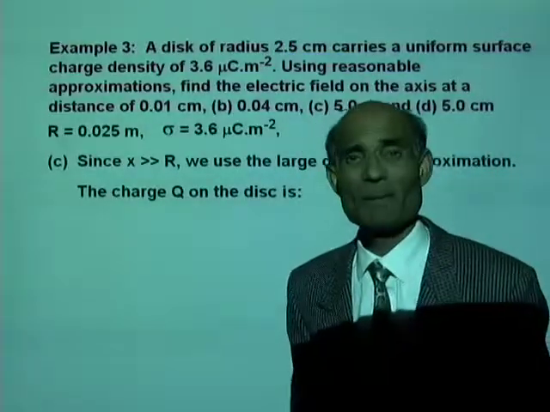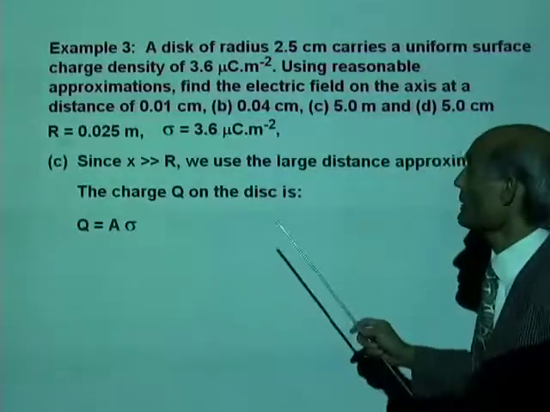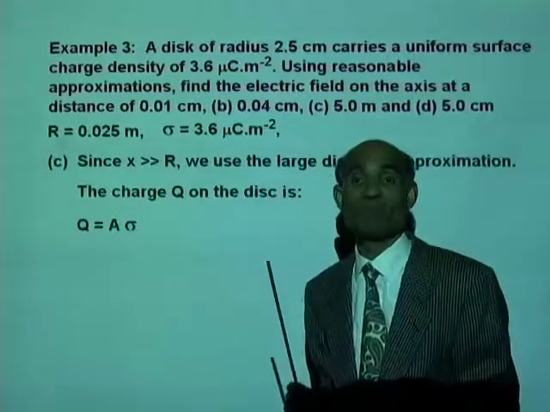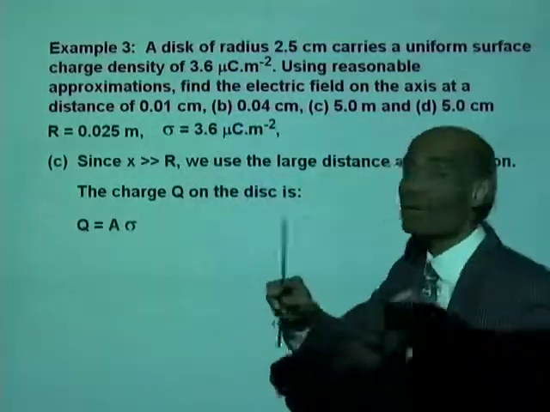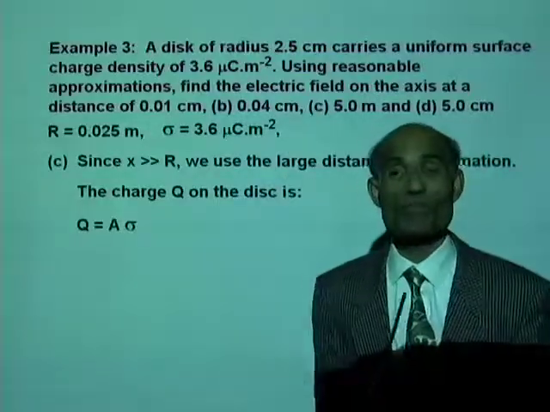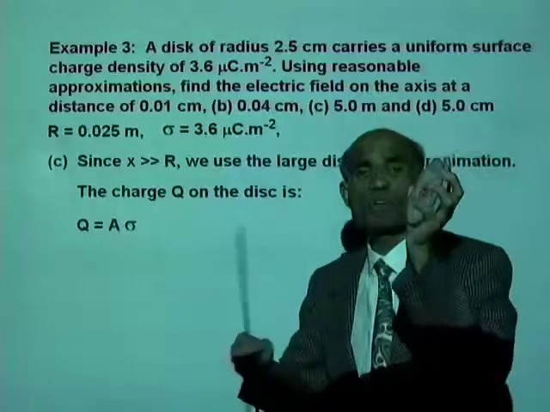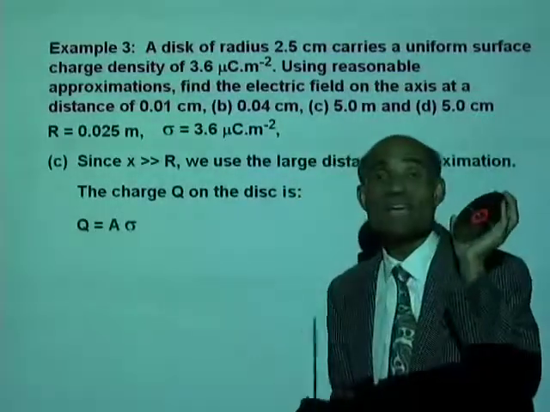What is that? It's kQ over r squared. Q equal to A sigma, where we are only given sigma, we are not given the whole charge on the disk. So what is the total charge on the disk? If you know sigma, then Q equal to A sigma.